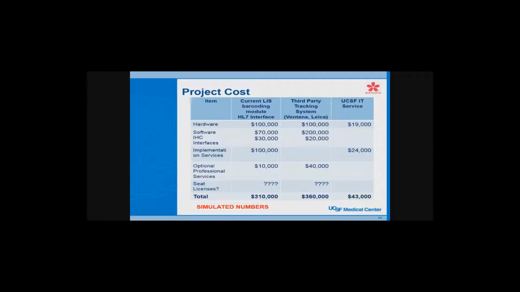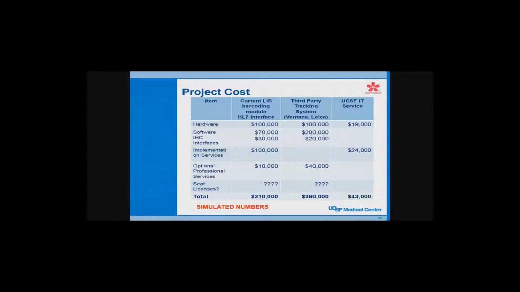So we ended up getting about 120 barcode scanners just to be able to use the system. When you look at numbers like that, the numbers go very fast. But you're looking at the cost for the software, the cost for implementation of the software, which is basically the implementation process.